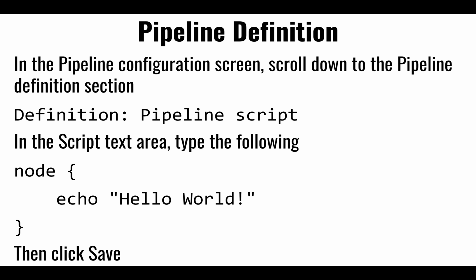We'll come back to this in a minute. A pipeline is a collection of nodes, and nodes can be all sorts of types, but this is the most generic type of node. It's not any specific type of node, so that's why it's just node. Then there's the text that is going to be executed in the local operating system, so this has to be valid for your particular operating system.